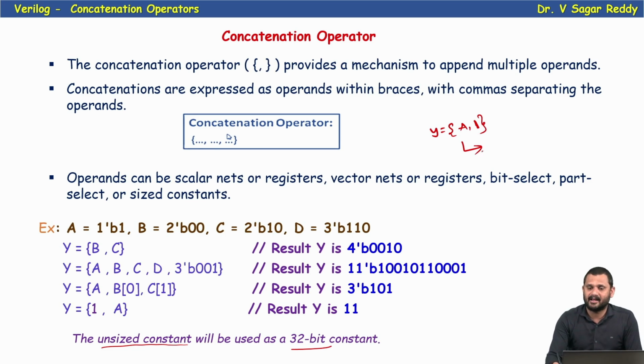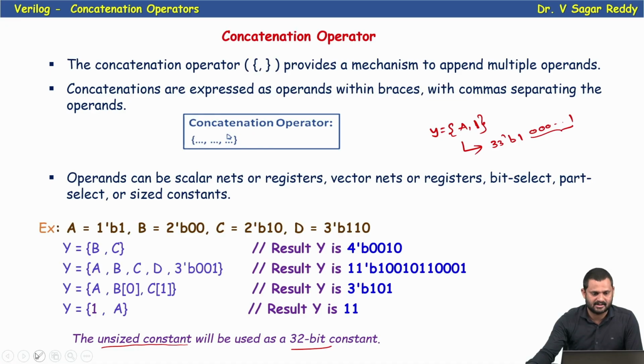If I concatenate {a, 1}, what will the output be? This is a 33-bit representation, 33'b. Here a is 1, so the remaining 32 bits are all zeros and 1. This is the actual result of this.